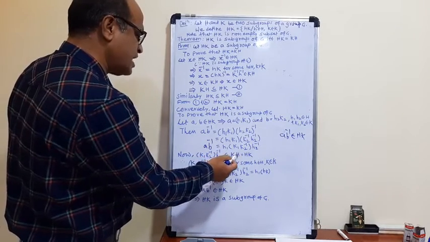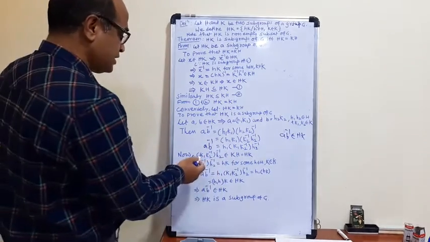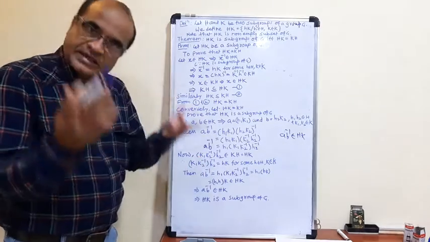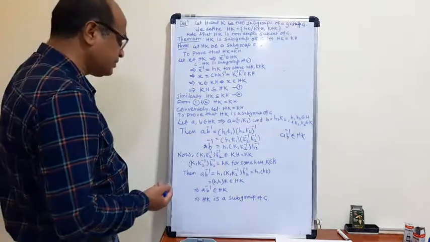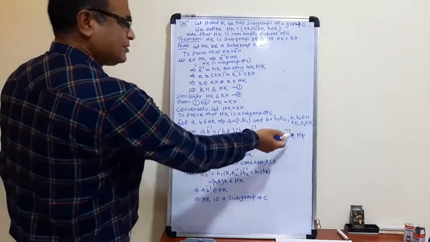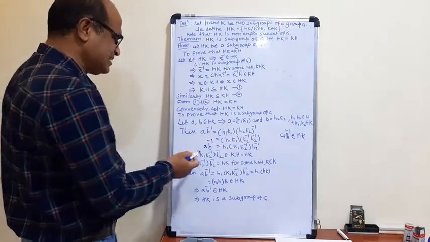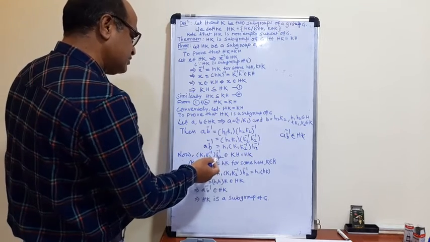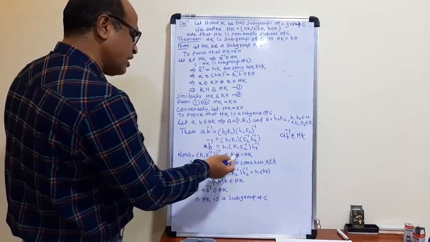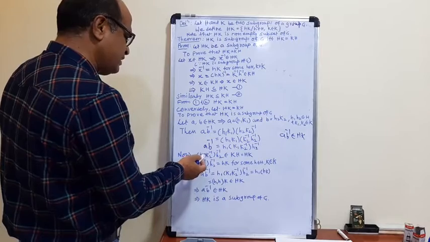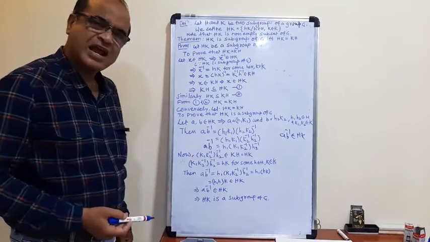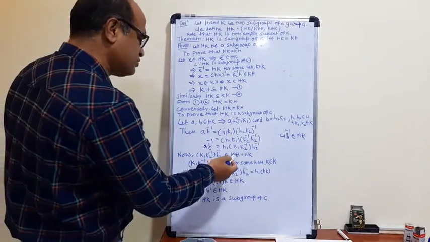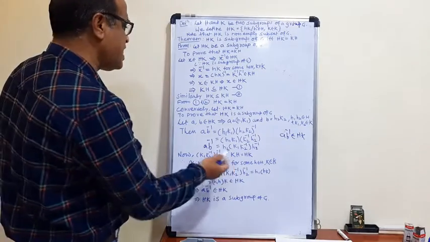This belongs to KH. Why? Because K is a subgroup, so K1 K2 inverse belongs to K, and H2 inverse belongs to H. So this belongs to KH. But what is KH?